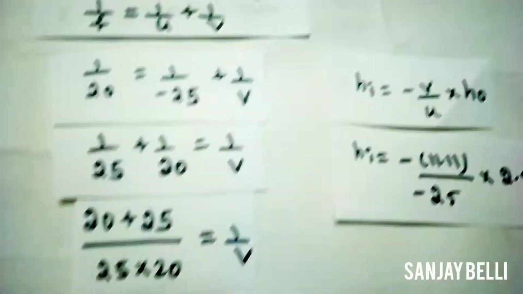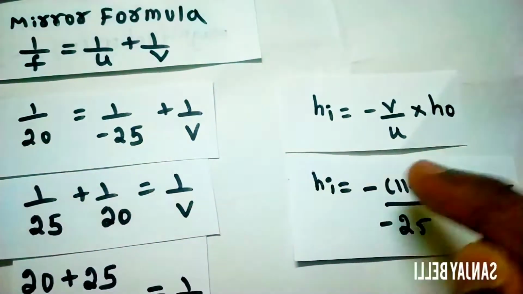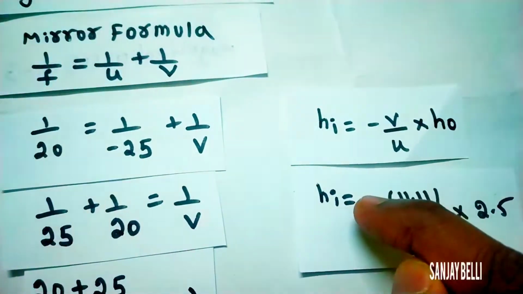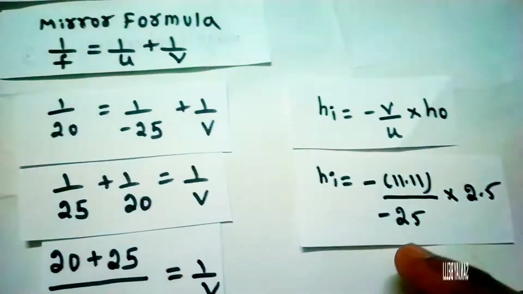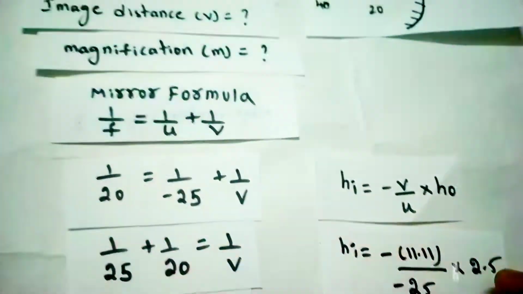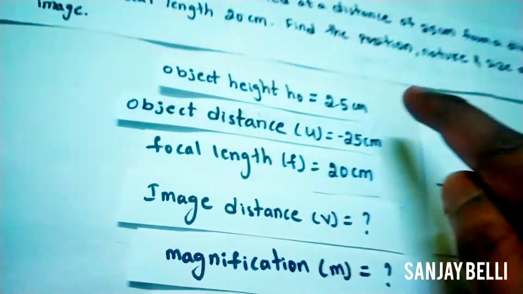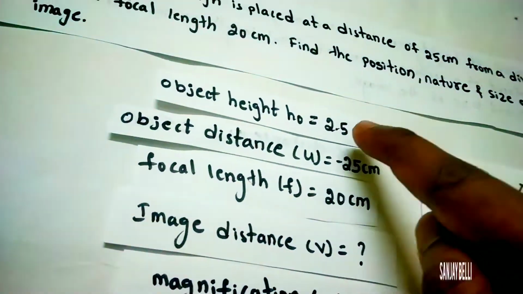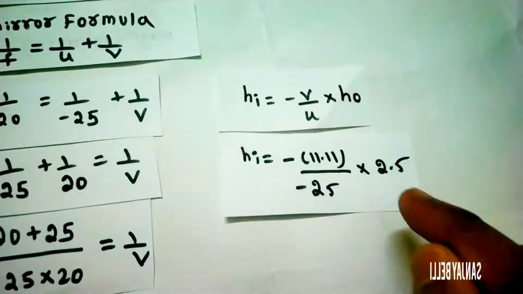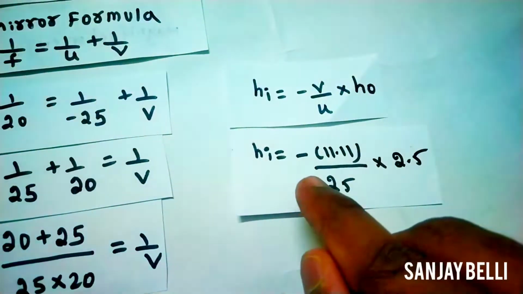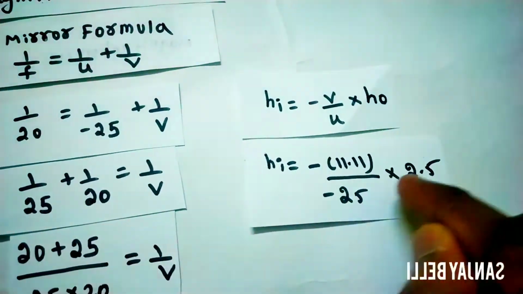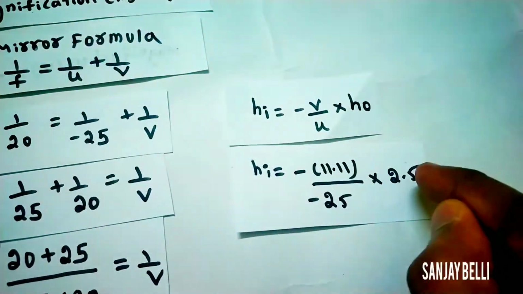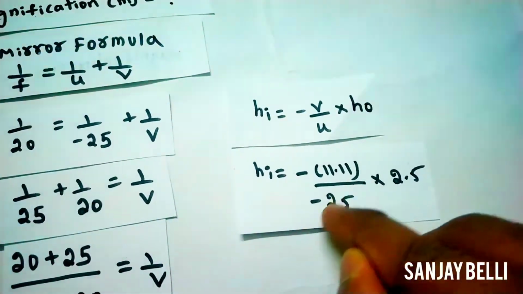The V value we just got is 11.11 centimeters. In the formula you have minus, so I kept minus here, and U is minus 25, so I kept minus 25, and H naught is 2.5, as given in your question. So here the minus gets cancelled. 2.5 by 25, multiplying and dividing by 10, is 25 by 250, that is 0.1.